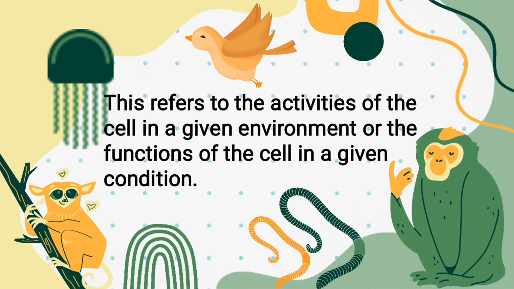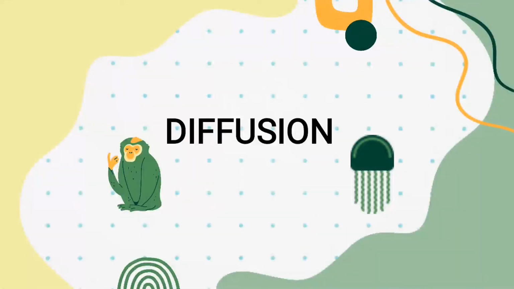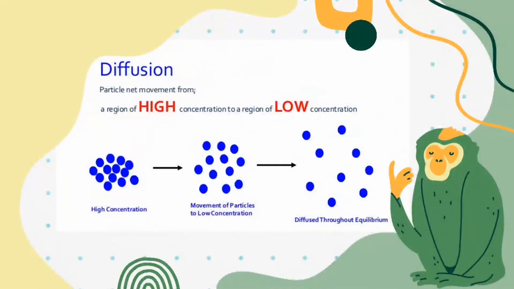So what is diffusion? Diffusion is the movement of particles from a region of higher concentration to a region of lower concentration until an equilibrium is reached.